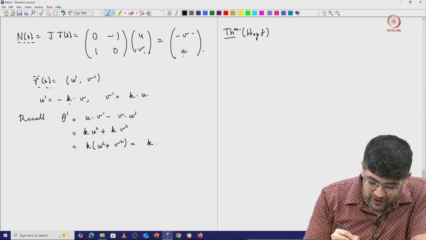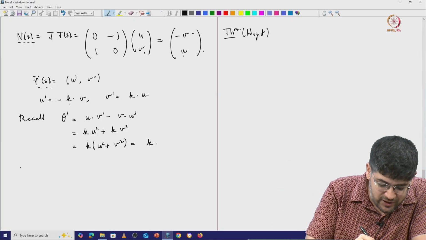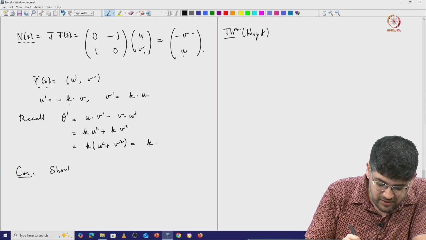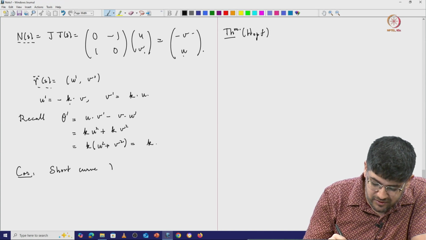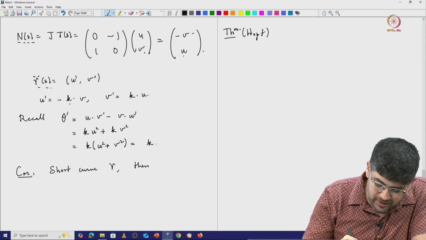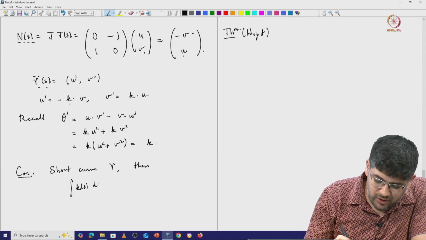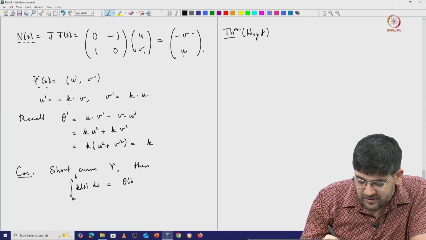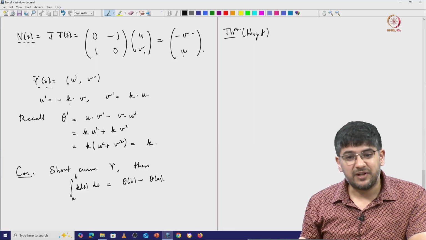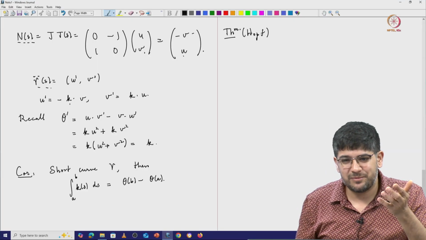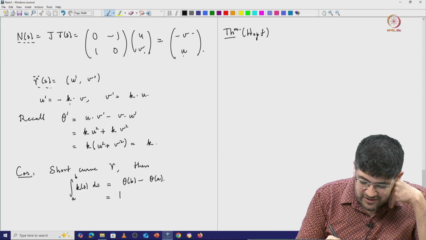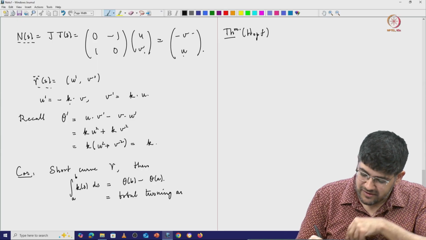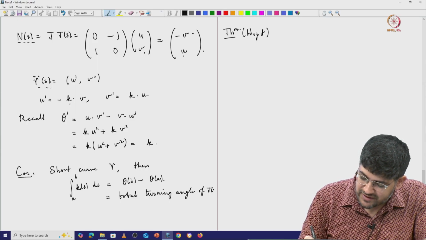For instance, as a consequence of what we did, if you have a short curve, then the integral of the signed curvature will basically be theta b minus theta a, but theta being the argument of the velocity vector, this is basically just the total turning angle of T of s.